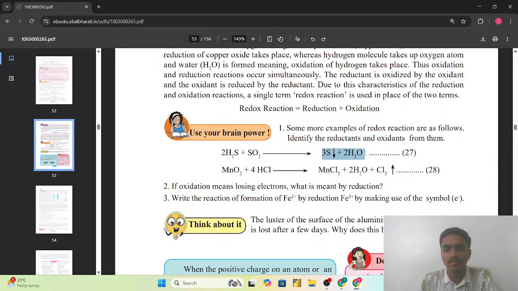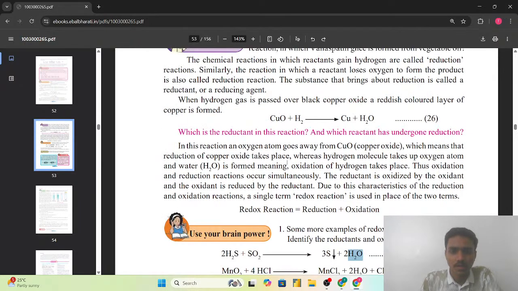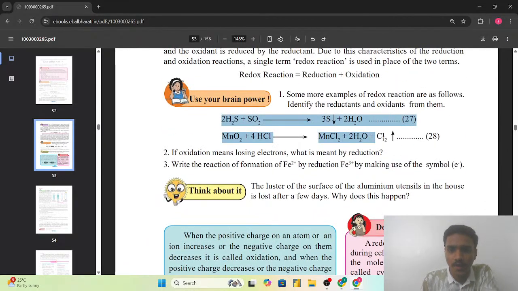H2S, sulfur dioxide, sulfur, hydrogen. तो यहाँ पर क्या है? ऑक्सीडेंट रिडक्टेंट पूछा गया है. तो रिडक्टेंट क्या है? जो कि ये करेगा मतलब क्या बोलते हैं हम कि रिड्यूस करेगा. तो यहाँ पर क्या है? जैसा कि हमने यहाँ पर देखा था कि कॉपर जो है, तो कॉपर here acting as the copper oxide, which is reducing the copper oxide takes place where hydrogen molecule takes up the oxygen atom and water forms, meaning oxidation. तो यहाँ पर we have to try to identify.